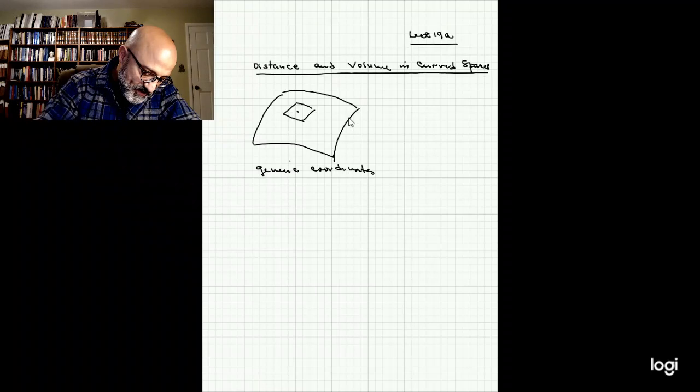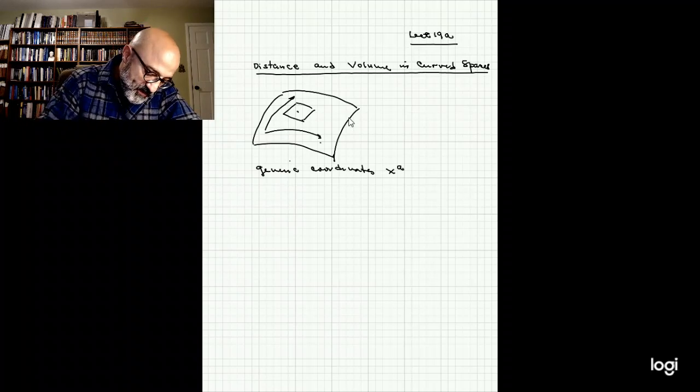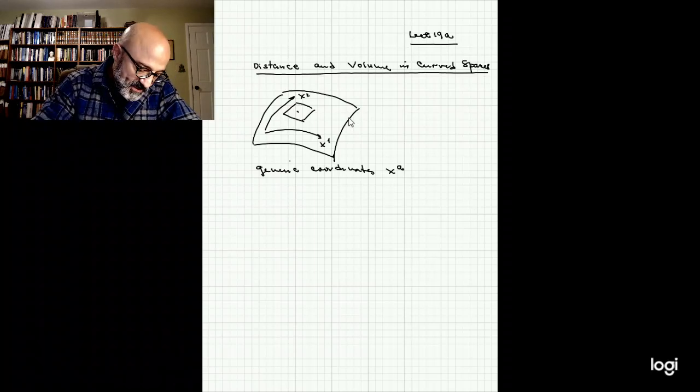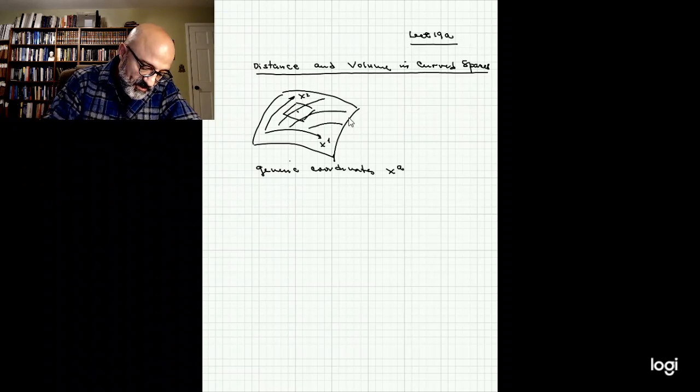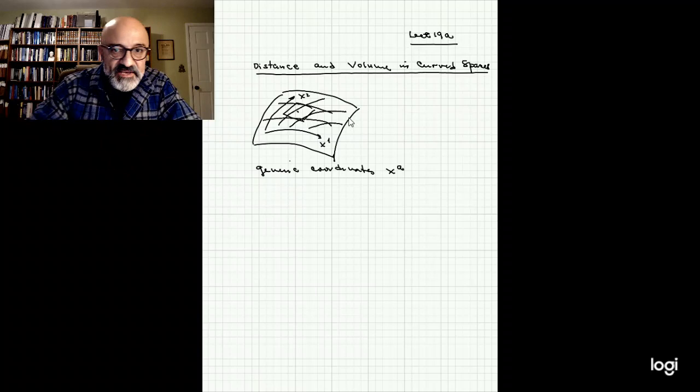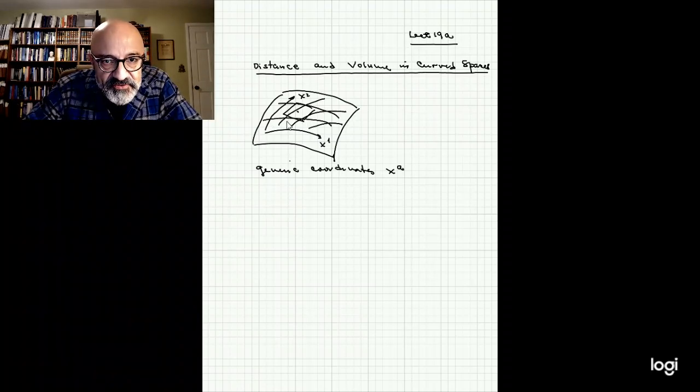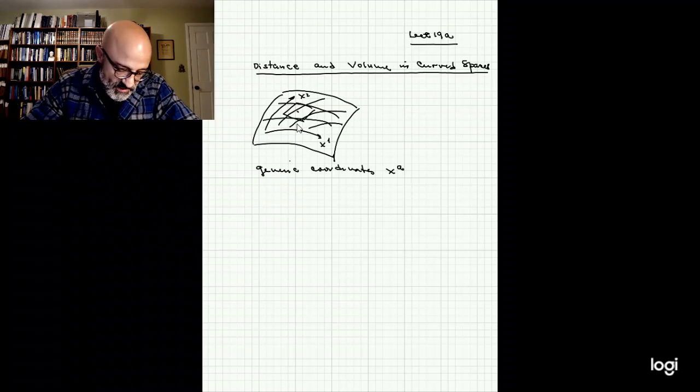Here are the arbitrary coordinates, and we call them x^a. So here we have x^1, and there we have x^2, and here we have a grid of these arbitrary coordinates. Once again, just because they look curved and it looks like these are not right angles, that doesn't mean anything. These are just coordinates. There is no notion of distance yet.